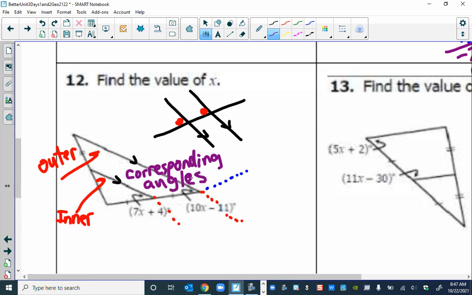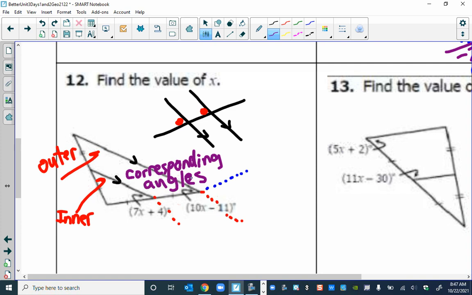What do we know about the relationship of corresponding angles? We just did this. And if you still need to take that Unit 2 test, you better know it. Otherwise, it's not going to be just a long quarter, it's going to be a long year. What's that relationship between these two angles?